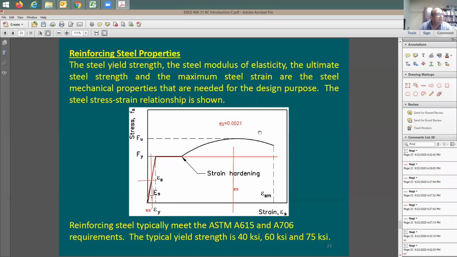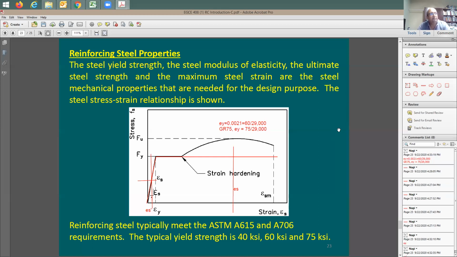Very good. How can I find this numerically? If I don't know, it's going to be equal to 60 divided by 29,000, right? Is this the same if you have grade 75 steel? I'm going to say no. For grade 75 steel, it's going to be 75 divided by 29,000.